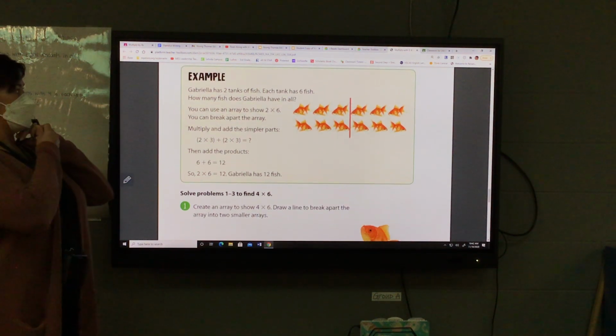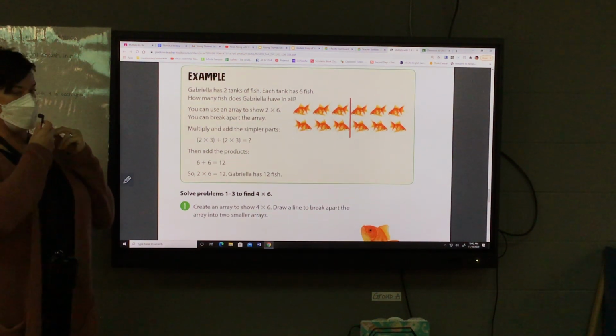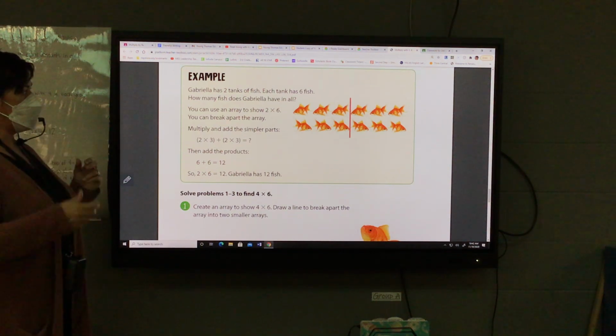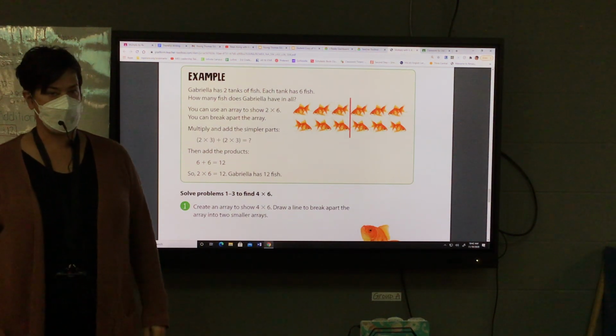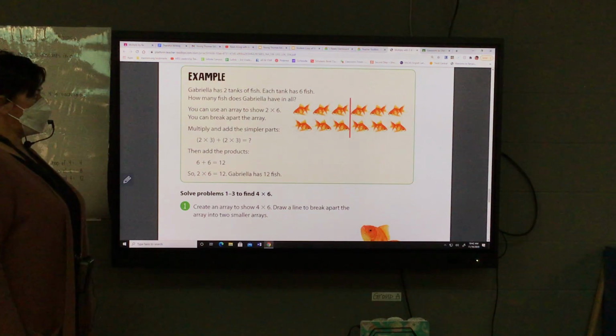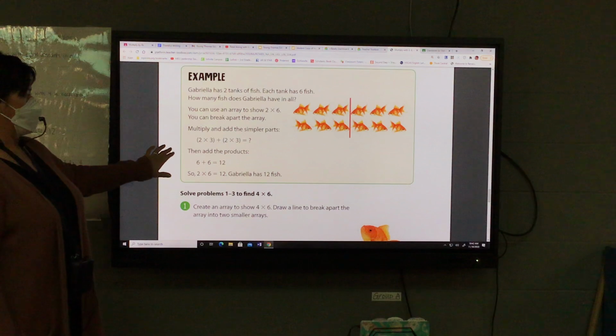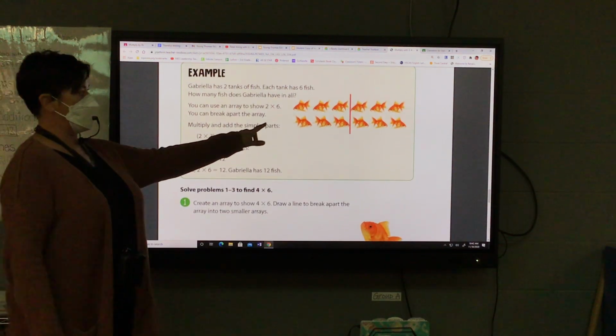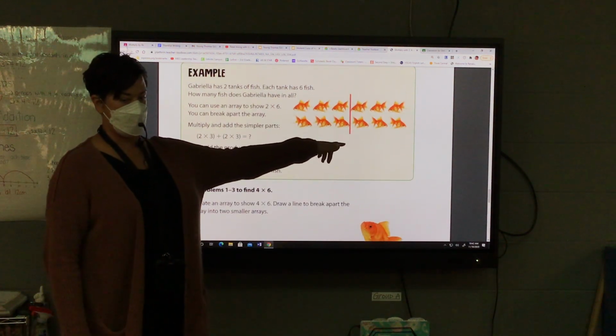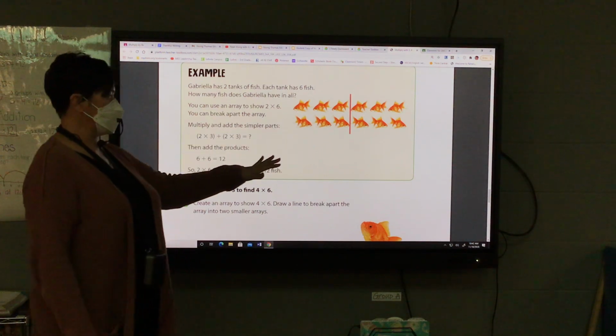Gabriella, this is our example here. Gabriella has 2 tanks of fish. Each tank has 6 fish. How many fish does Gabriella have in all? You can use an array to show 2 times 6, just like they did over here.